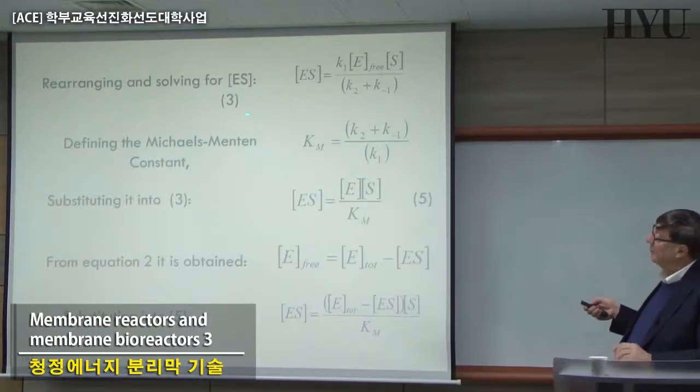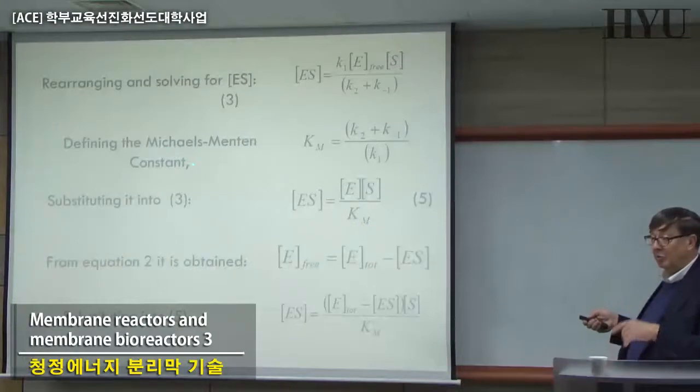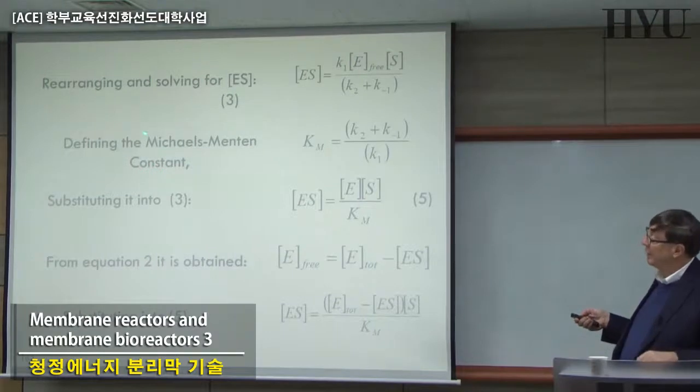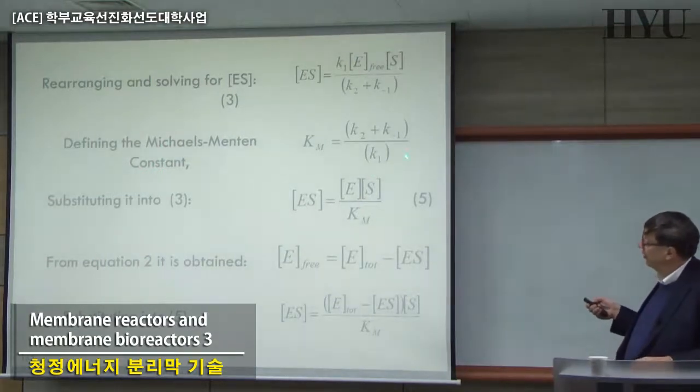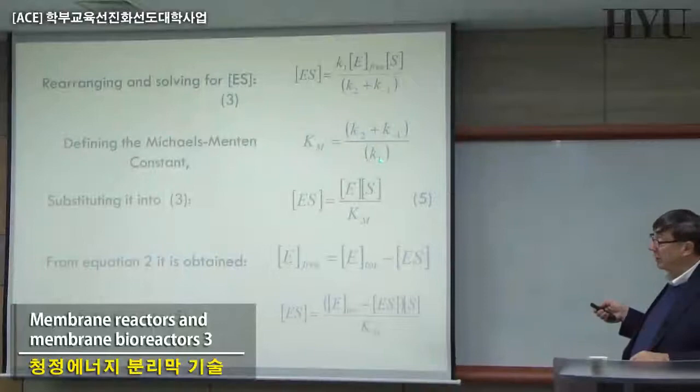And now you can introduce some definitions, and that's an important one, because when you are doing this work, you will always characterize the behavior of your enzyme through this Michaelis-Menten constant. And the Michaelis-Menten constant here is just the ratio (K2 plus K minus 1) over K1.